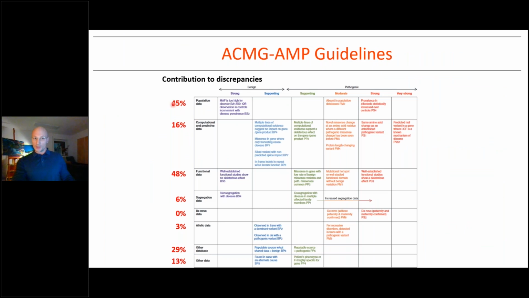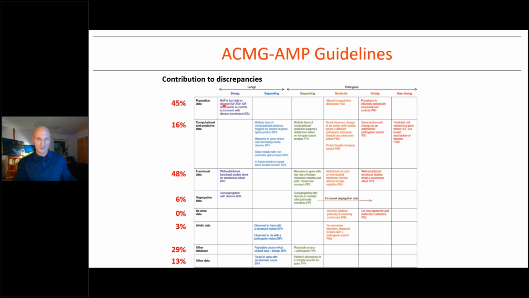And this is important because here in this slide, I show you the contribution to discrepancies. Early after 2015, when the ACMG paper was published, there were some studies comparing different labs using the ACMG codes, and they found large discrepancies. And here are the groups where most of the discrepancies come from. You can see from the wording that this is error prone.